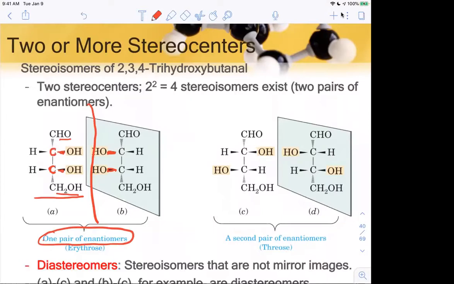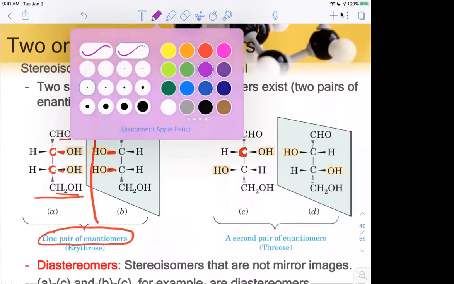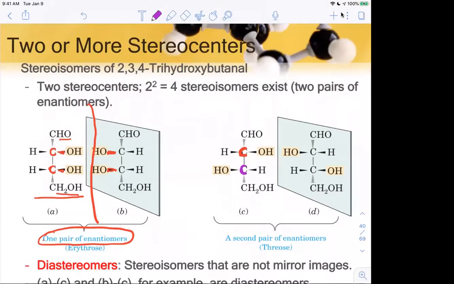But let's say I keep this the same, but I change this one. So now I have my bolded OH on opposite sides of this sort of axis down the middle of the compound. Well, this stereocenter is going to be the same.